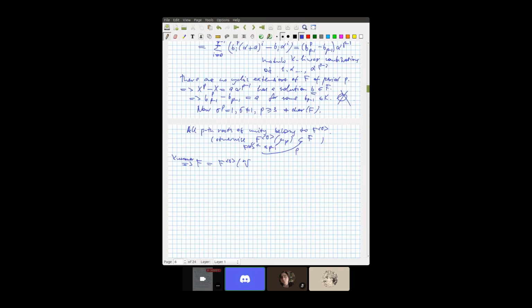Let me denote this root by x, and so x to the p belongs to the fixed subfield.